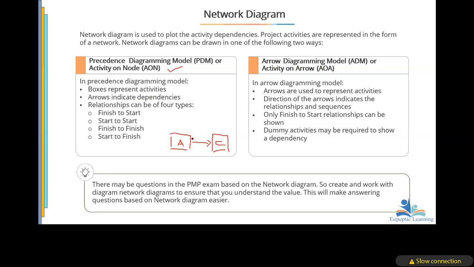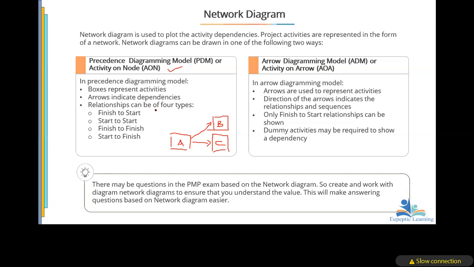Then the arrow indicates the dependency. So let's say if I have one here and I call this C, then what I need to know is that B and C depend on A. You see, B and C, they depend on A. So it is telling us also the dependencies.